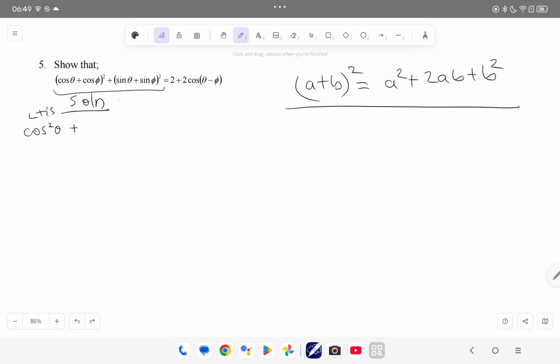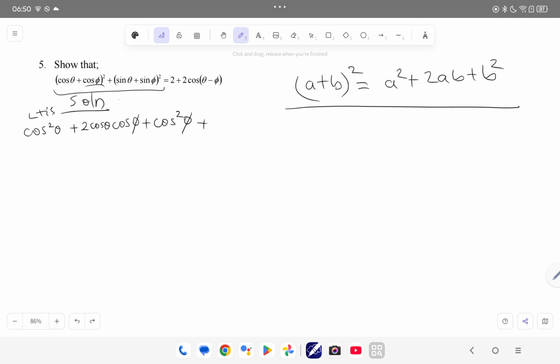Now my b is this, so it will be 2ab, which will be 2 cos theta sin theta, then b squared. Then is 2 cos theta cos phi, then plus cos squared phi.